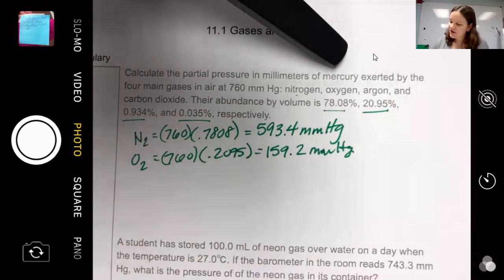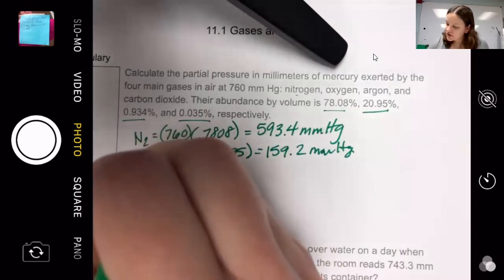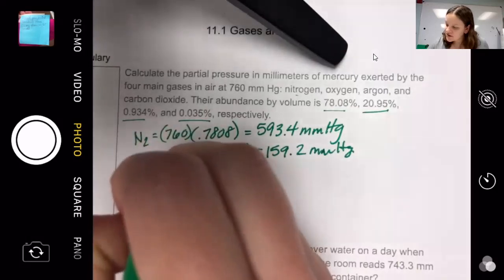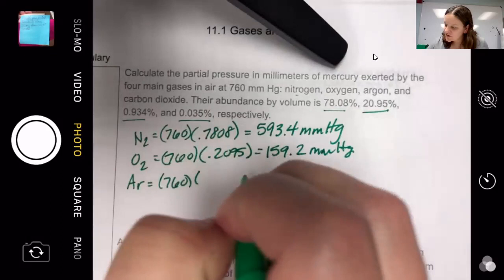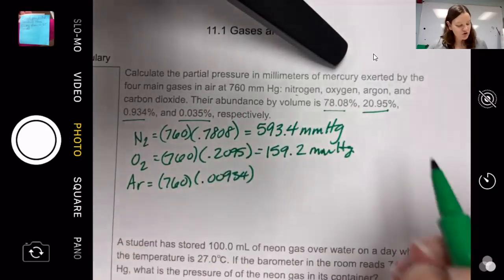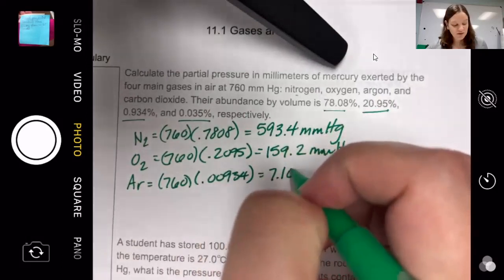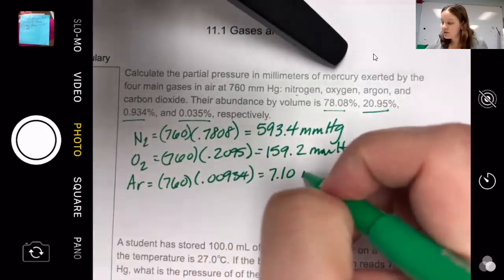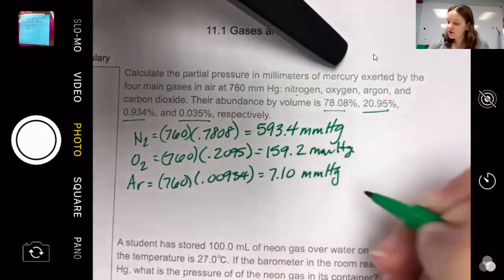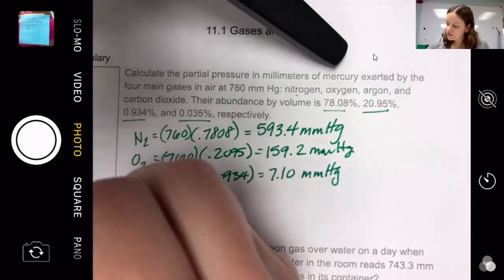The next one is argon, which is 760 times 0.00934. It's a very tiny percentage, which gives you 7.10 millimeters of mercury. And finally, CO2.